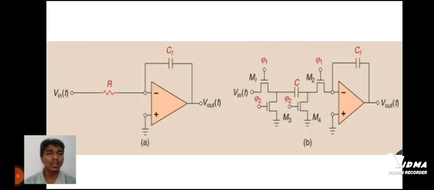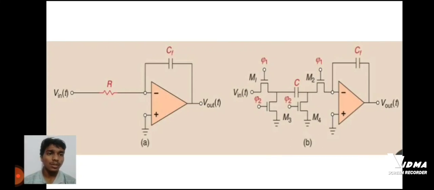So here we have an op-amp working as an integrator. At the inverting input of the op-amp, we have a resistor connected to Vin, the non-inverting input is connected to ground, and the feedback path is Cf.